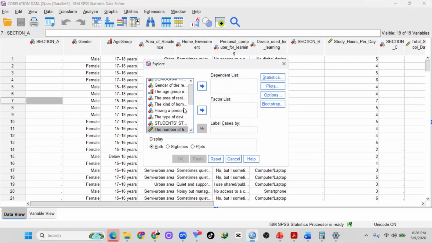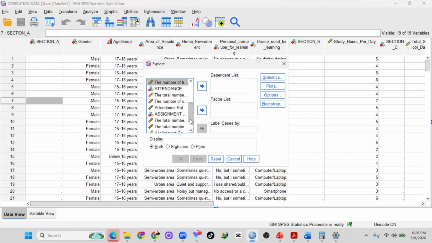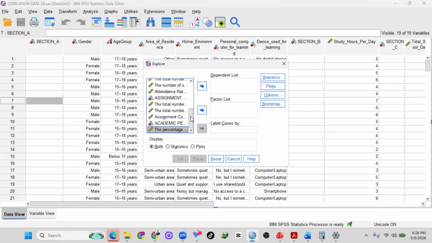When you go to explore, we first need to analyze if our data is normally distributed. The first variable that we are talking about is this one here, the student's study hours. We are going to get the student study hours variable and put it there.